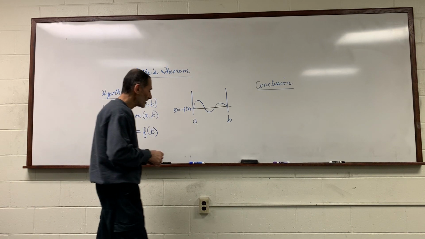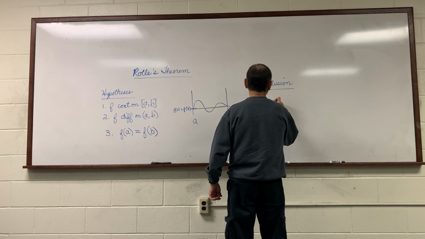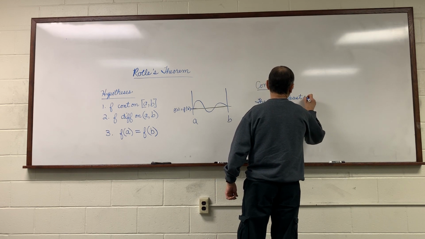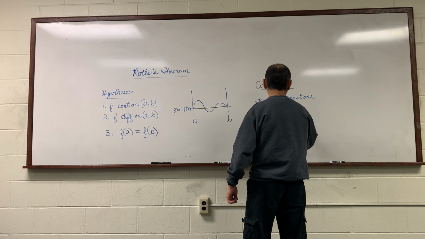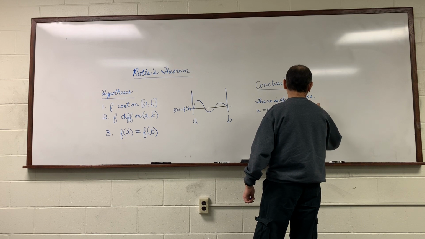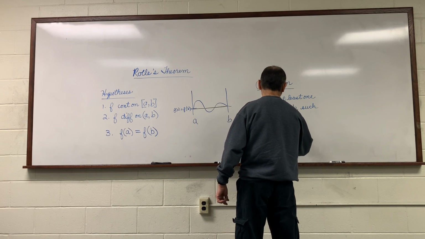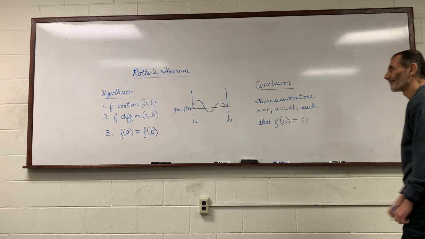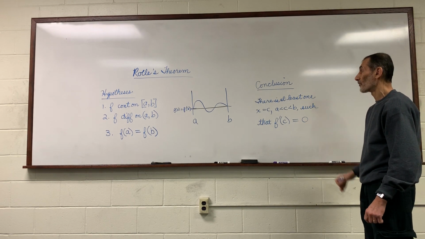So the conclusion for Rolle's theorem is there is at least one x equals c, where c is between a and b, such that f prime of c equals 0. Because 0 is f of b minus f of a over b minus a.